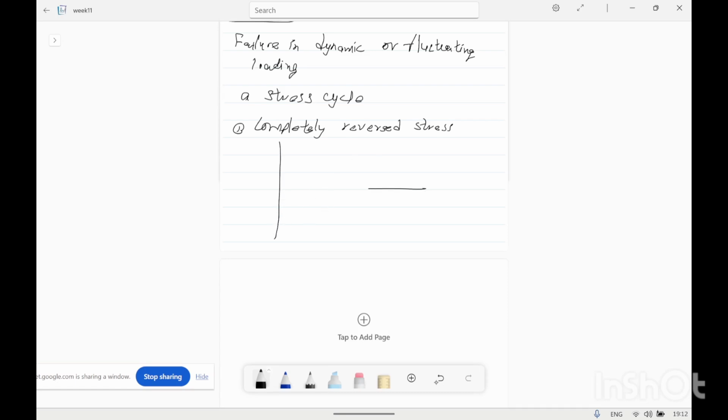The graph of the completely reversed stress cycle can be depicted like this.